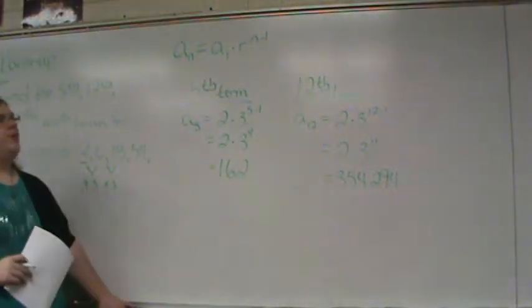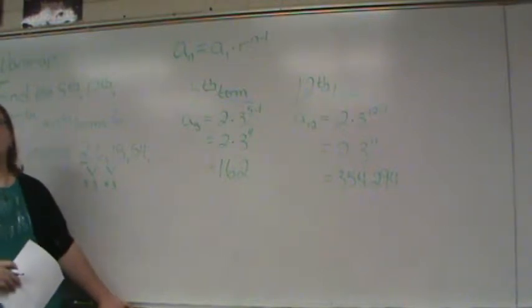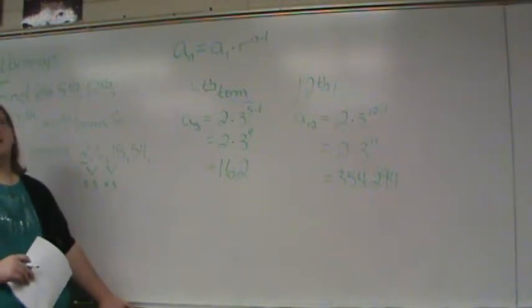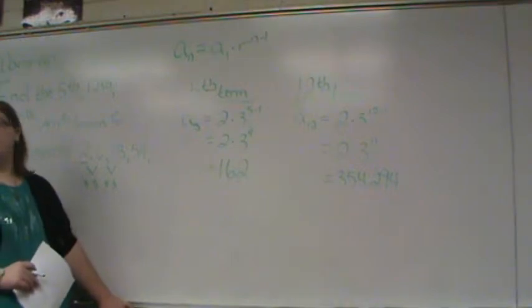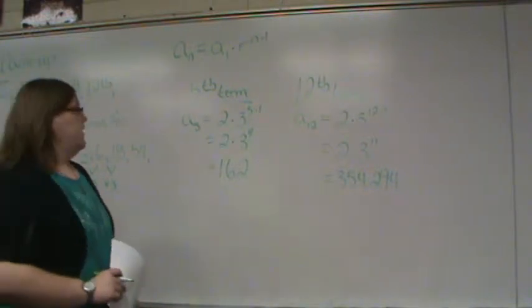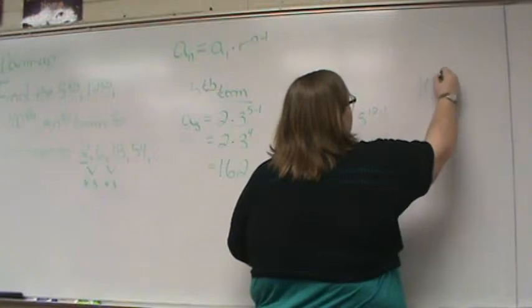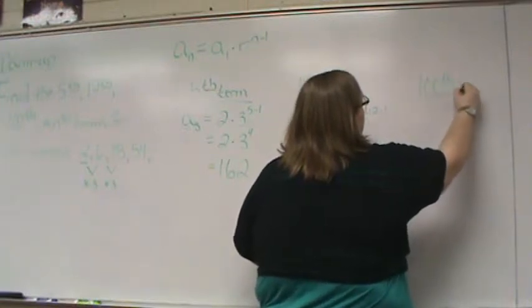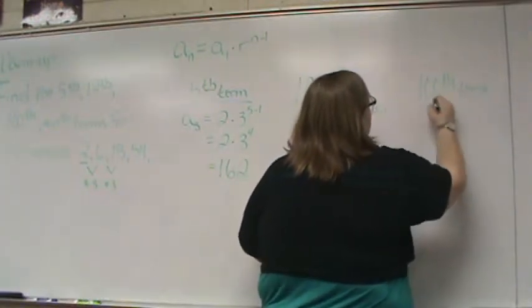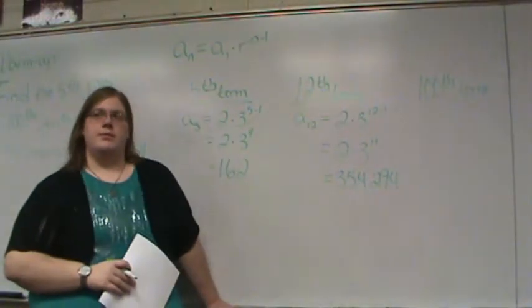So remember that for these geometric ones, our terms went up significantly. They got larger much faster than our arithmetic ones did. And then we needed to find our 100th term. What am I plugging in for my 100th term?